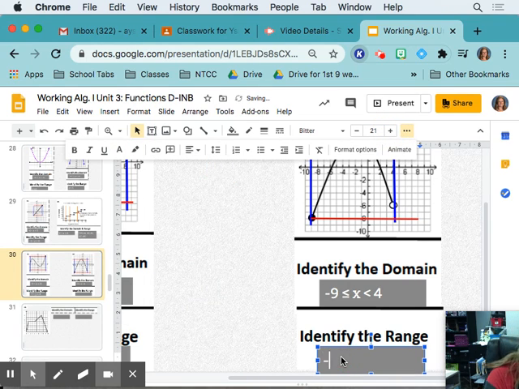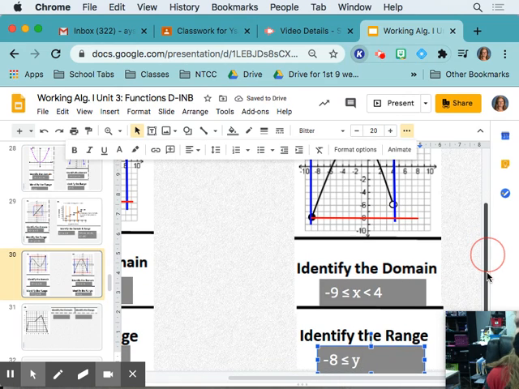So we're going to use the symbol less than or equal to. And we're dealing with y because it's range. And so -8 is less than or equal to y.